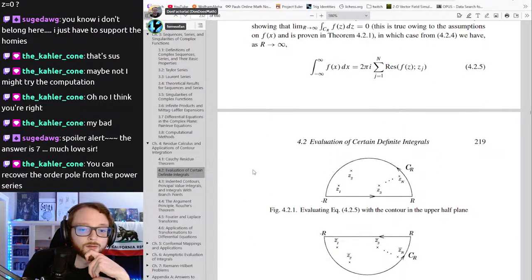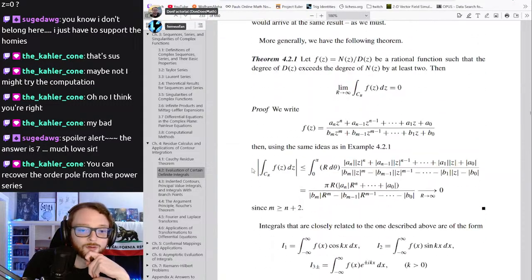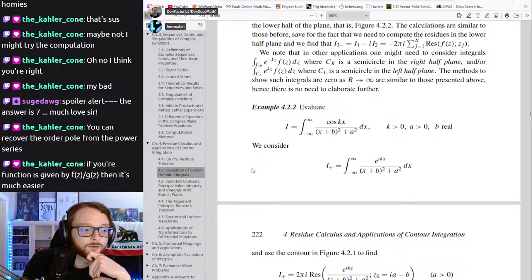All right, now we got an integral. And so part A, we got sine involved.